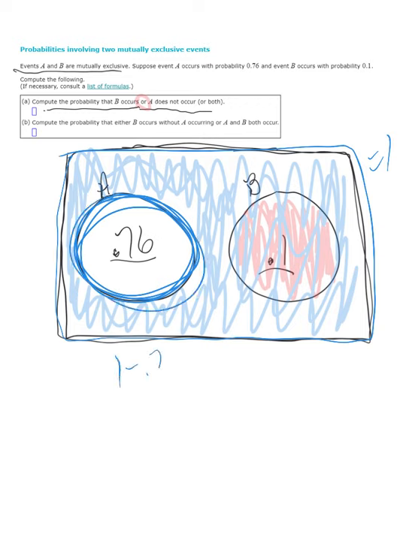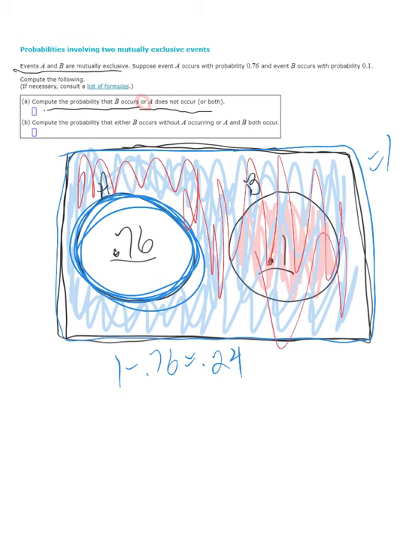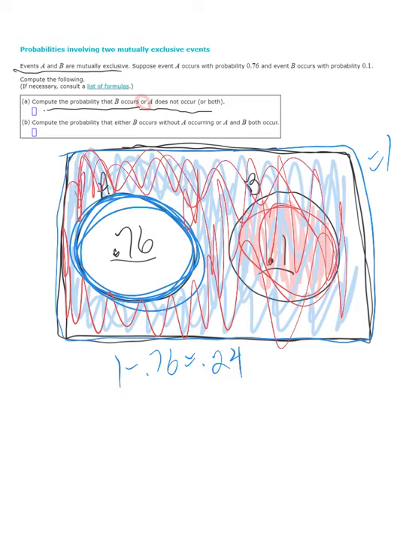So 1 minus 0.76 is everything else. So all of this that is shaded right here is everything but A. Even though this B stuff got covered twice, that's okay. We're just looking at everything but A, which is 0.24. So I'm going to go with 0.24 here for that one.